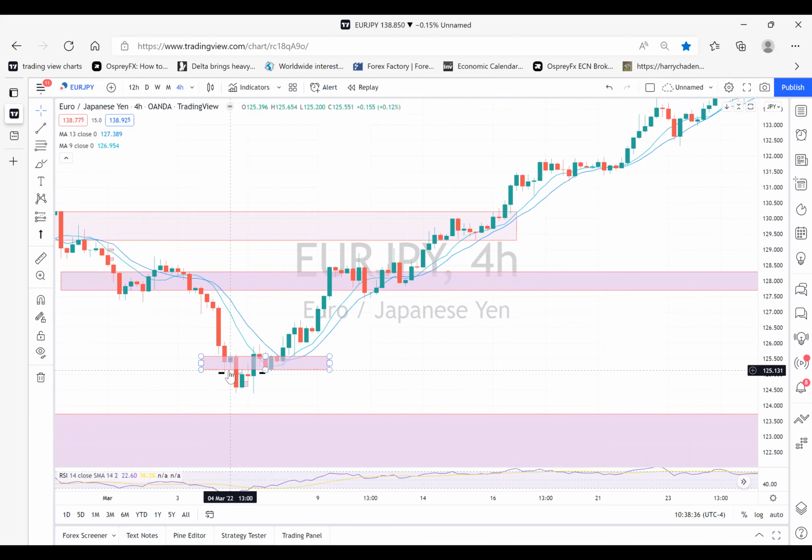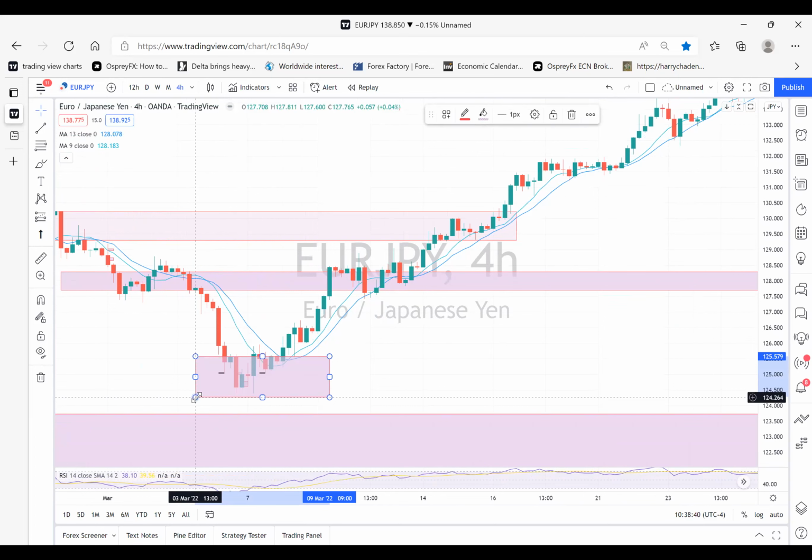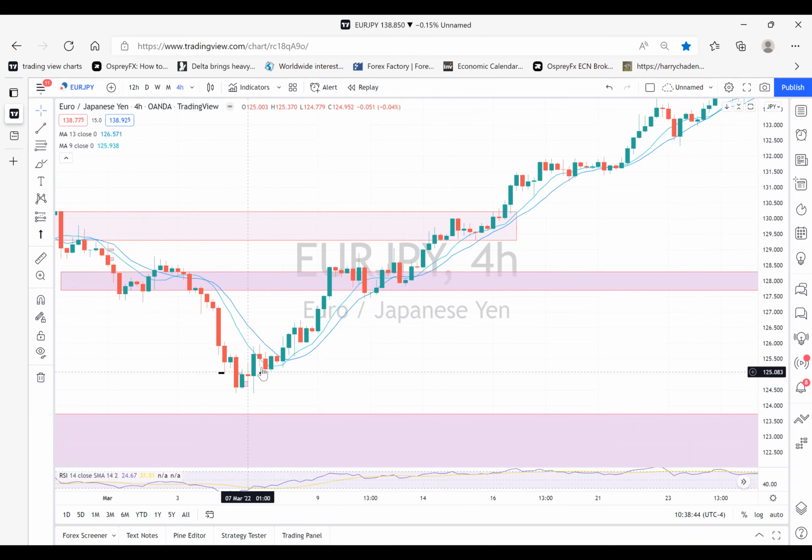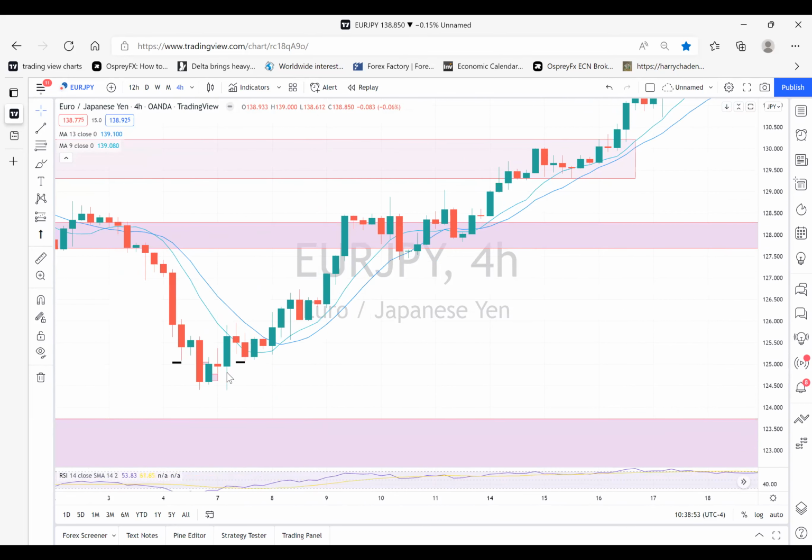So if you think about the video that we just watched, this is a great example of an accumulation schematic, right? And if you pay close attention, the market is exhausted right here. This is, for all intents and purposes, the bottom of the market.